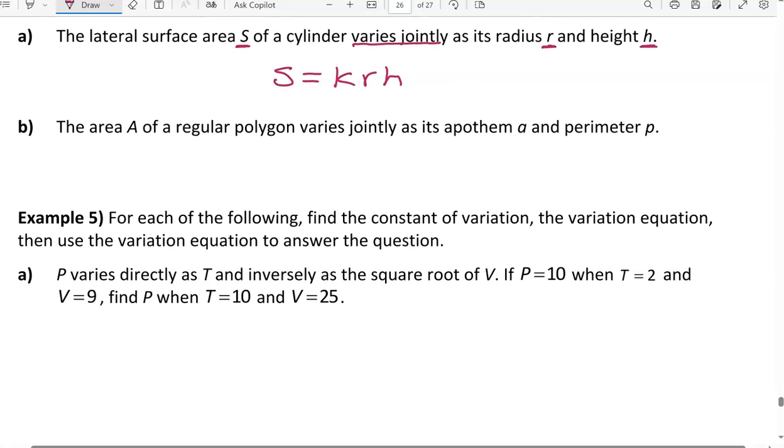In B, the area A of a regular polygon varies jointly as its apothem and perimeter. So area varies jointly, so equals K times the apothem times the perimeter.